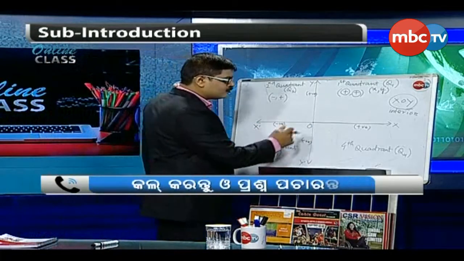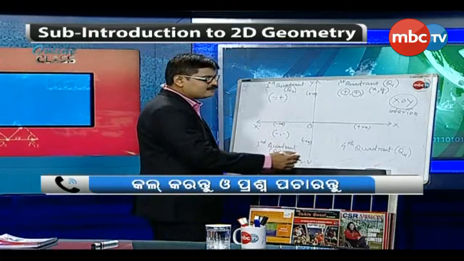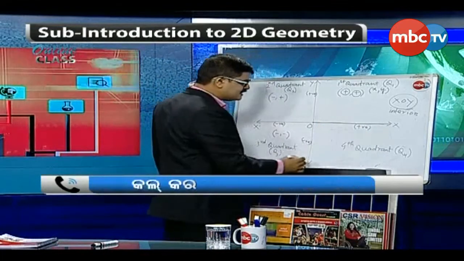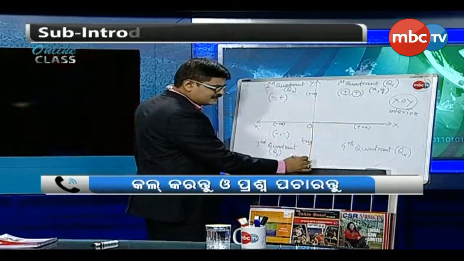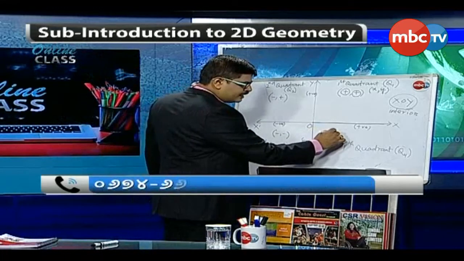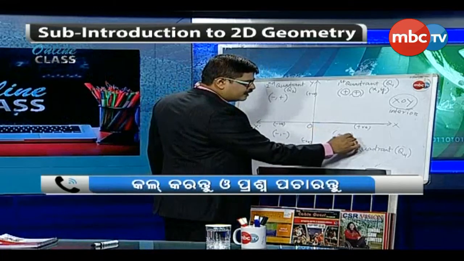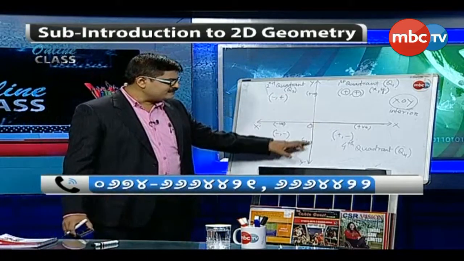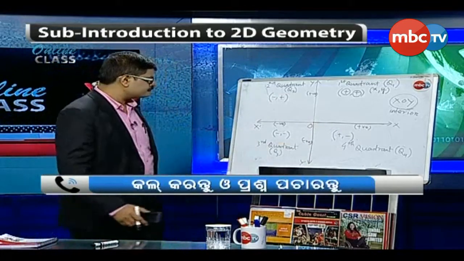Then what about the fourth quadrant? You can see this is the positive side of x axis, this is the negative side of y axis. So x coordinate will be positive and y coordinate will be negative, because this is negative side of y axis.